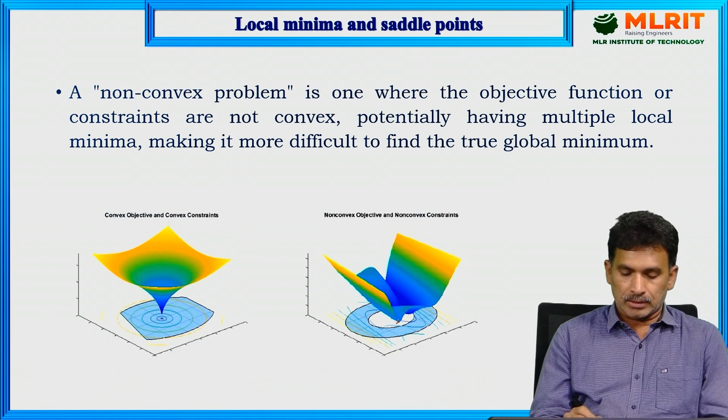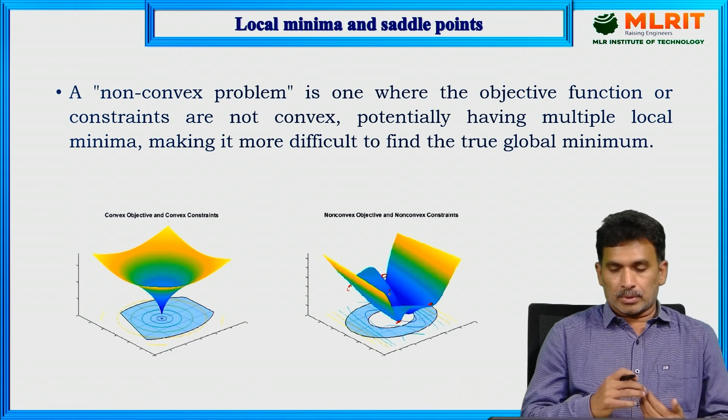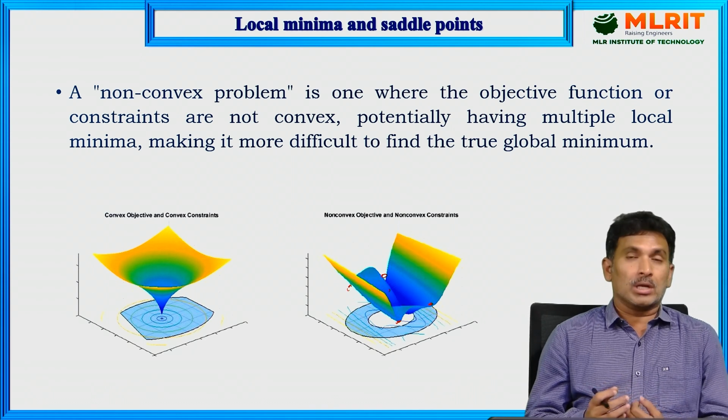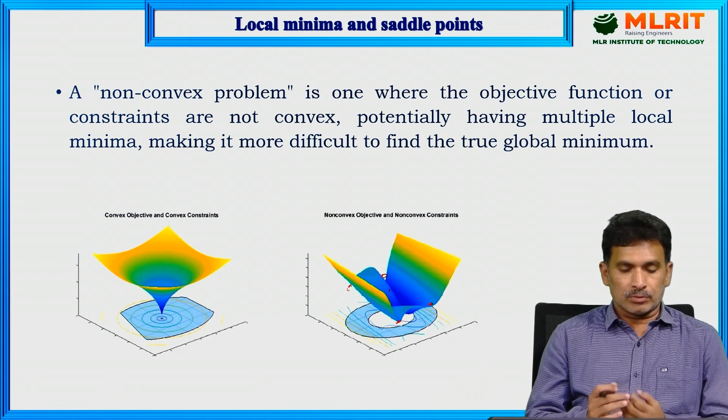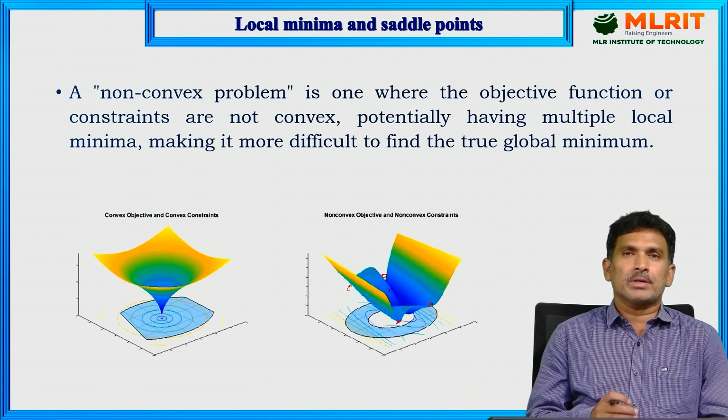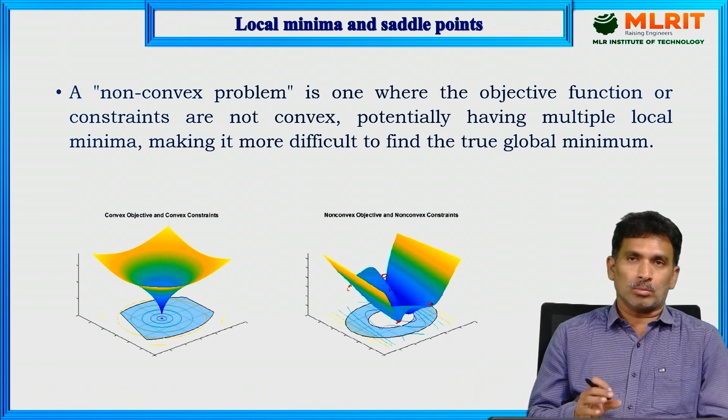You can see this is one local minima and this is another. That is why it is more difficult to find the global minimum.